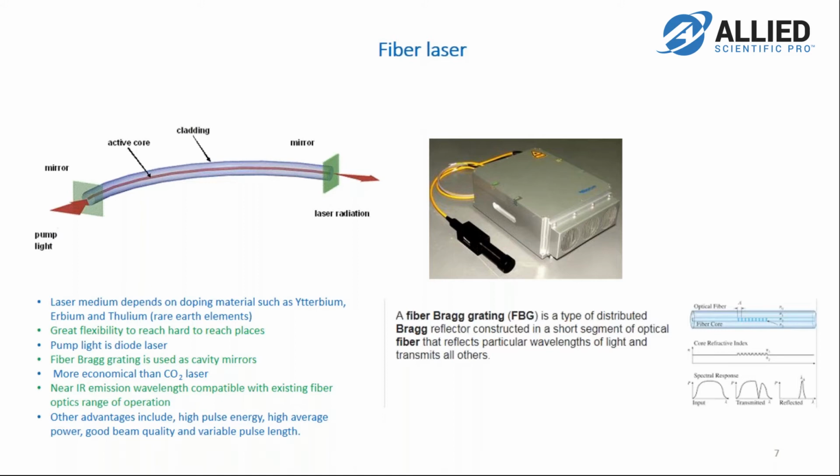This is a huge advantage of fiber lasers, and they're more economical than CO2 lasers. They have good power, and other advantages include higher pulse energy, good beam quality, and variable pulse length. So that's a very good type of laser for cleaning, and this is what our system is based on as well, which I will show you in a later video.